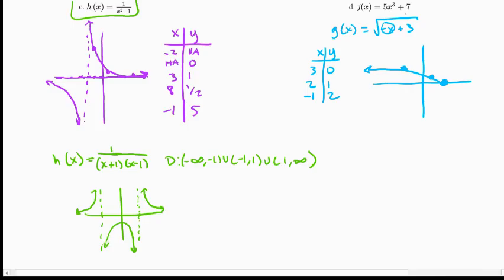Last one here is just a cubic function. I got 5x cubed plus 7. Again, I'll just make a little xy table, plug in 0 and get 7. That's my first point. I'll plug in a 1, which gives me 5 plus 7, 12.